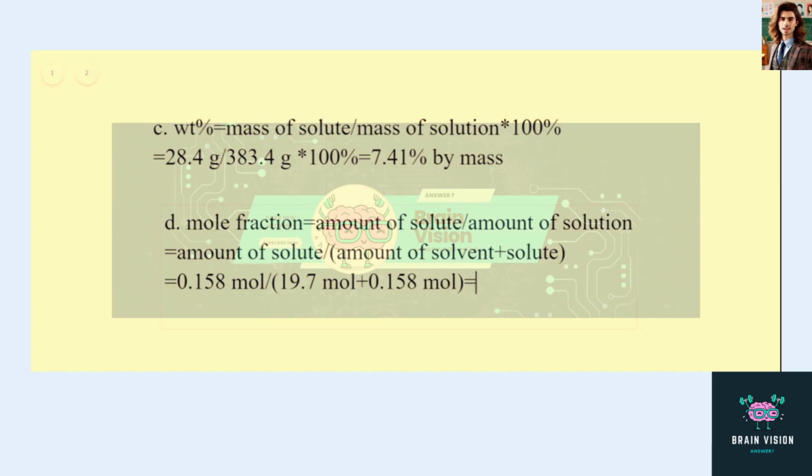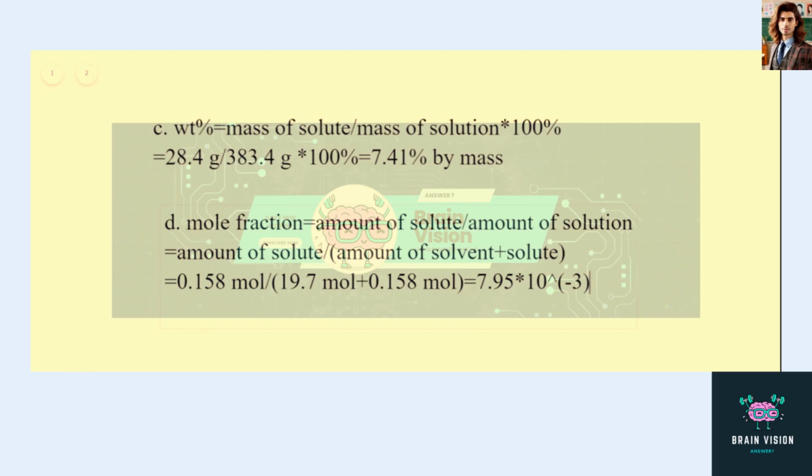Okay, and when we put these values in our equation, we get something like 7.15 times 10 to the power of -3. And this is our mole fraction.